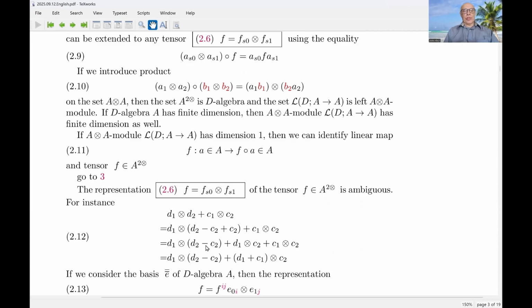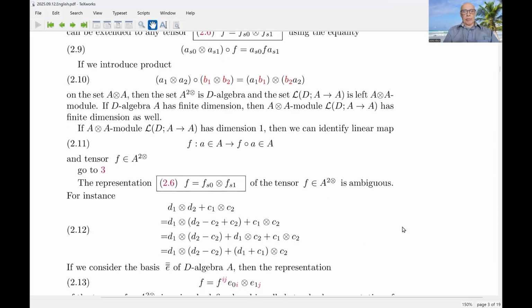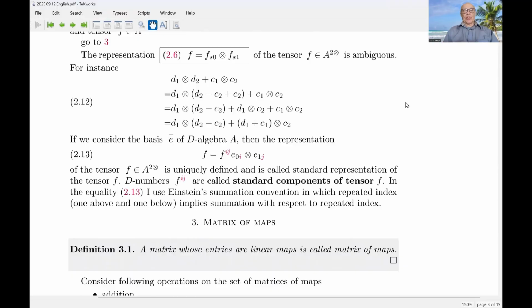For instance, you can see different representations of the same tensor from the tensor square of algebra A. If you consider the basis E of the algebra A, then the representation 2.15 of the tensor F is uniquely defined and is called the standard representation of tensor F. The numbers F^{ij} are called standard components of tensor F. In equality 2.15, I use Einstein's summation convention in which a repeated index, one above and one below, implies summation with respect to the repeated index.